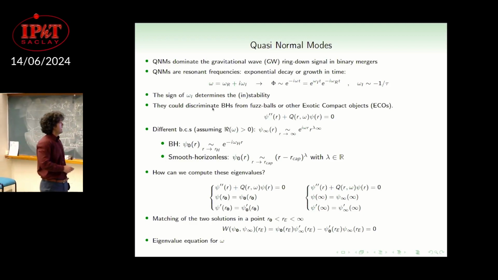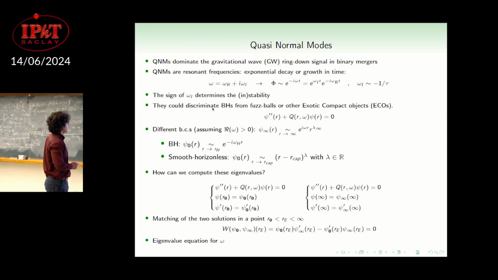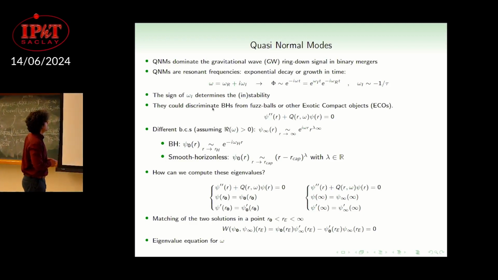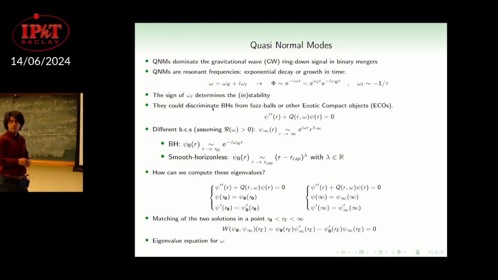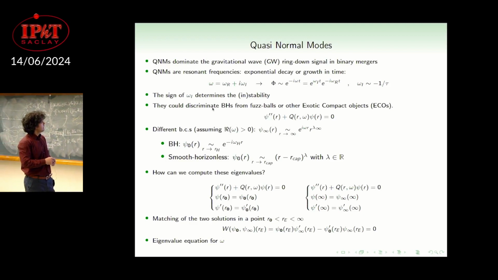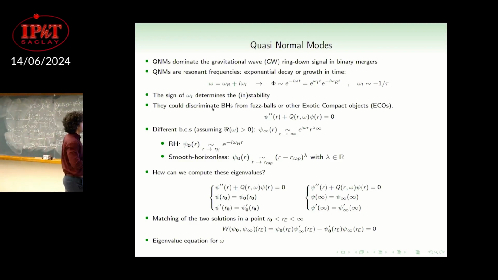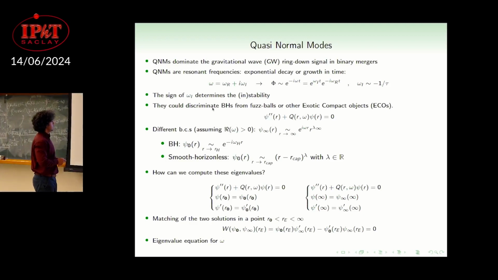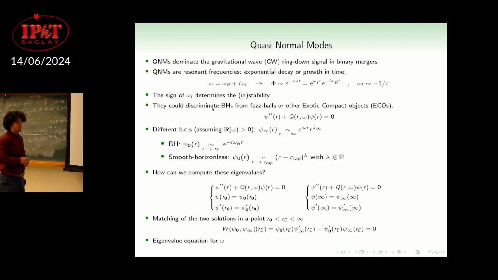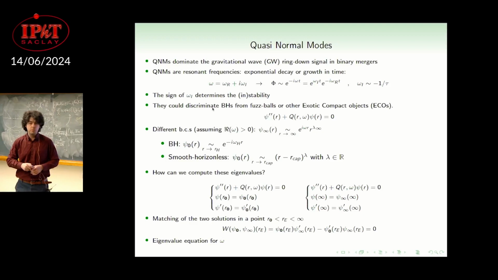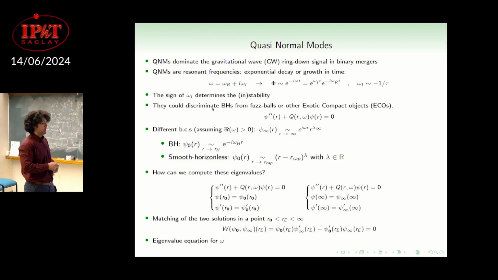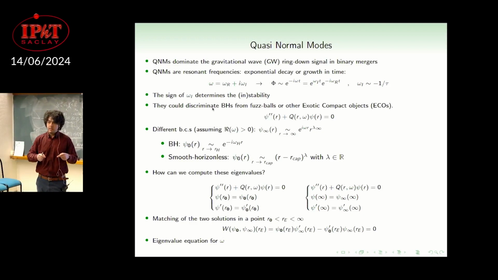If you are working on a black hole, you have to impose at the horizon that the wave is purely ingoing. Otherwise, if you are working on a smooth solution, you have to impose the condition at the cap of the geometry. The cap of the geometry is the point where the geometry ends smoothly.